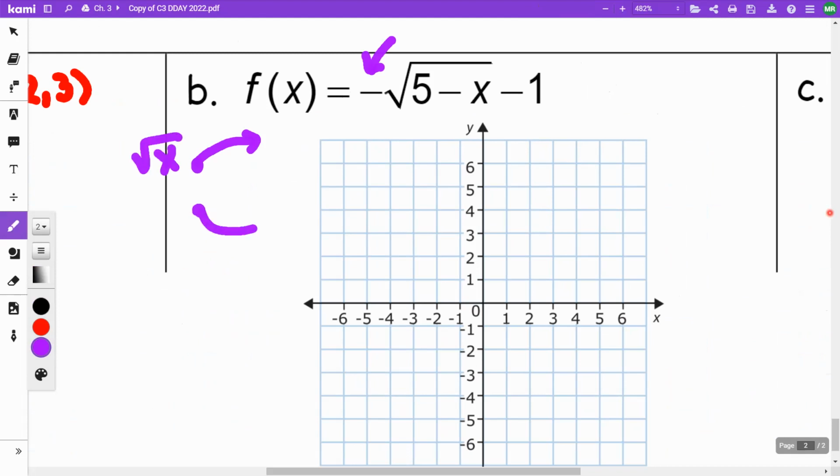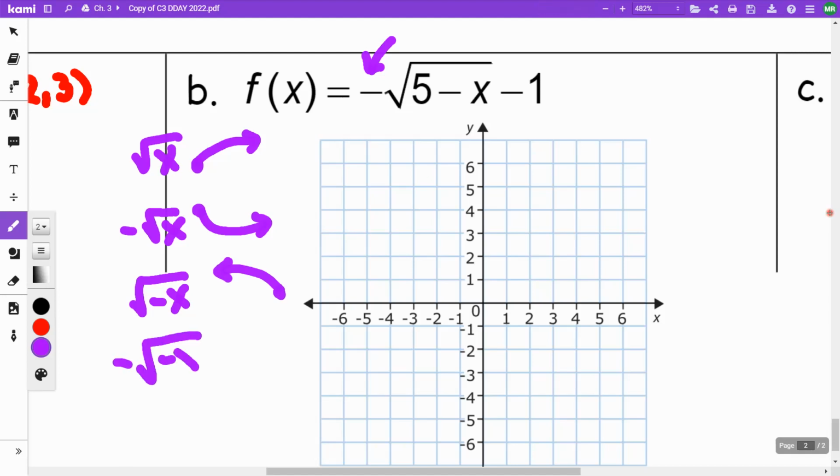If I have a negative in front, that's what I get. If I have a negative underneath, instead of going to the right, I'm going to go to the left. And if I have a negative in front of that, I am going to go to the left, but instead of going up, I'm going to be going down.